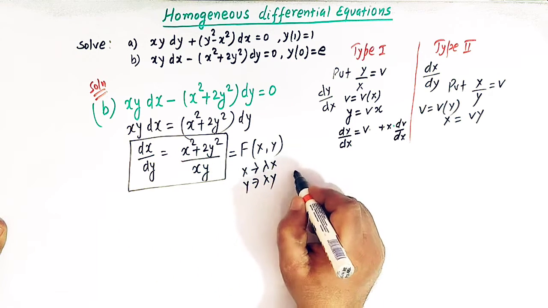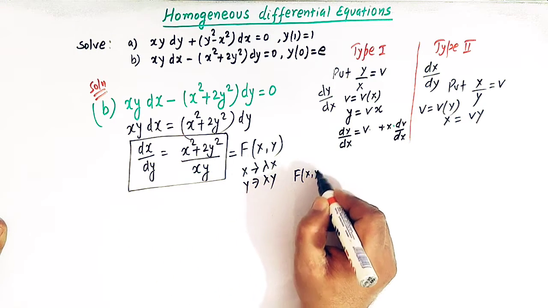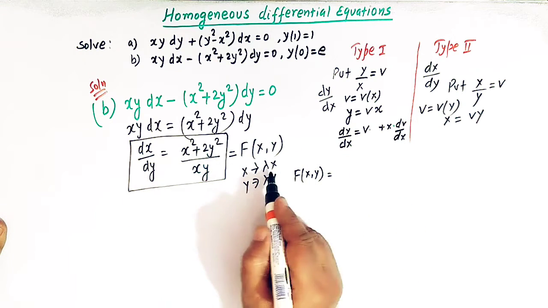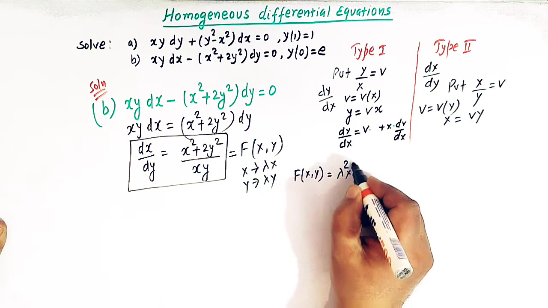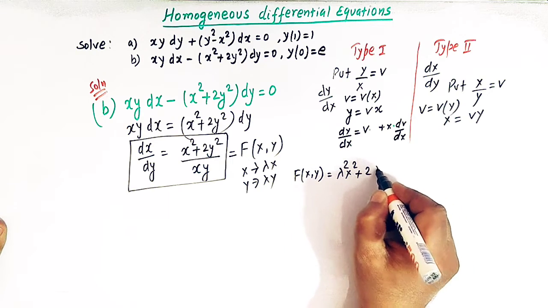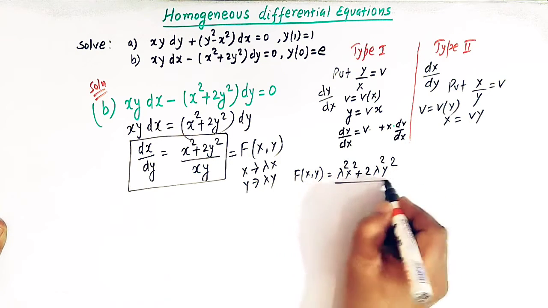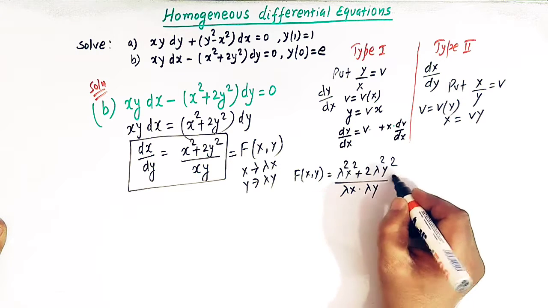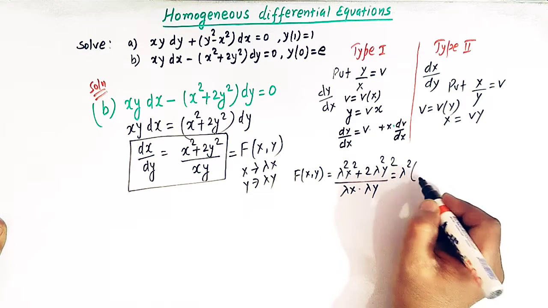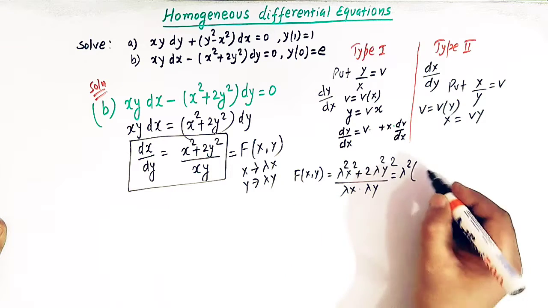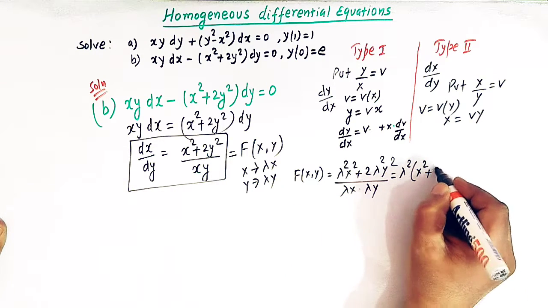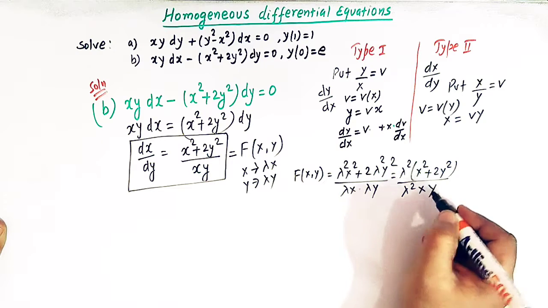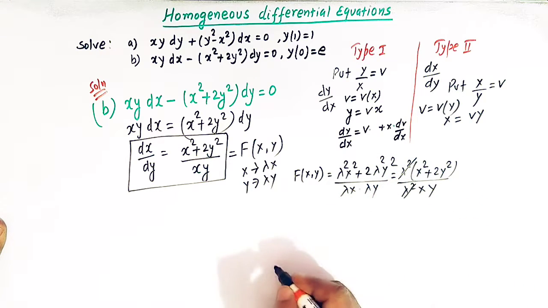So here f of x comma y can be written as lambda square x square plus 2 times lambda square y square over lambda x times lambda y. So we can take lambda square common in the numerator. We have x square plus 2y square over lambda square xy. So lambda square gets cancelled.